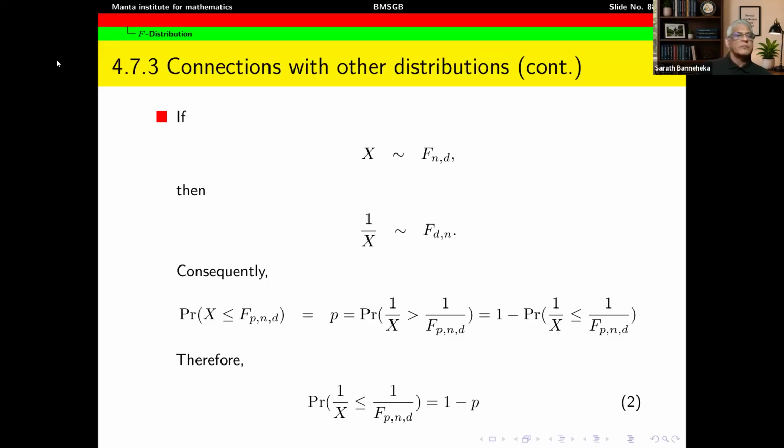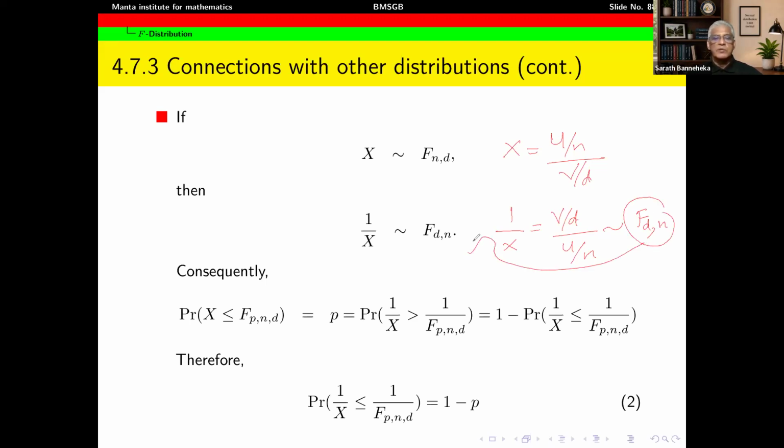For example, suppose X is equal to U divided by N and V divided by D, where U and V are independent chi-square random variables with N and D degrees of freedom respectively, then 1 over X is equal to V divided by D divided by U divided by N. So naturally, then this should have an F distribution with D numerator degrees of freedom and N denominator degrees of freedom.